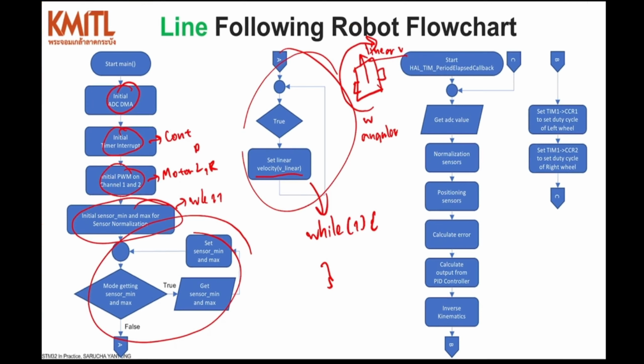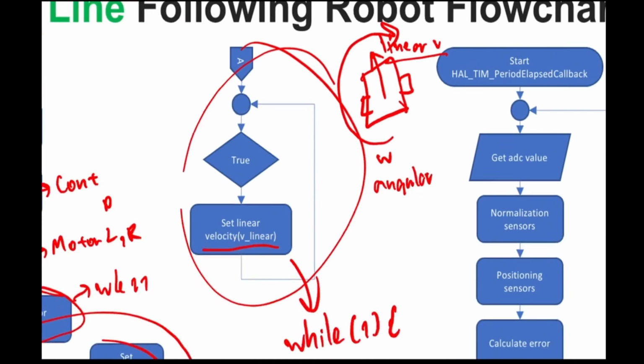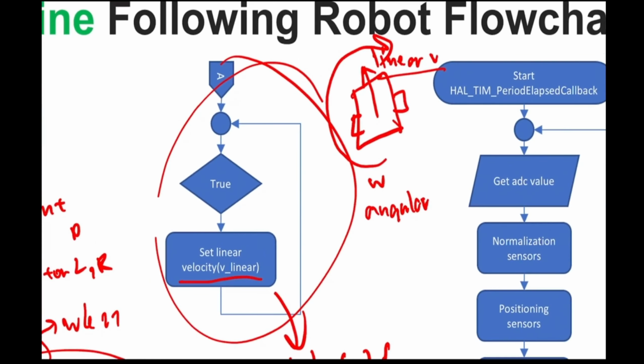Okay, so the block diagram that I show you is related to the thing that I explained to you. We will set the linear velocity. Why do we have to set it?